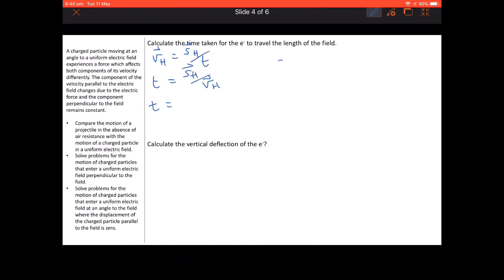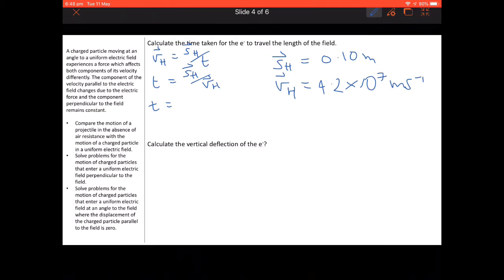The horizontal displacement is going to be 0.1 meters, because that's 10 centimeters, and the horizontal velocity is going to be our initial velocity, which was 4.2 by 10 to the 7 meters per second.